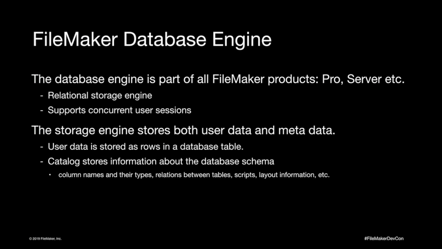So all that kind of information. This is what we commonly call the catalog information. And also, particular to FileMaker, we have other pieces of data like all the user scripts and layout information, all those things. So these are the two types of information that we store in the database.